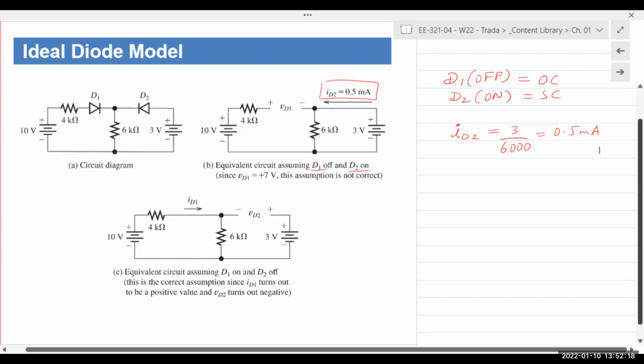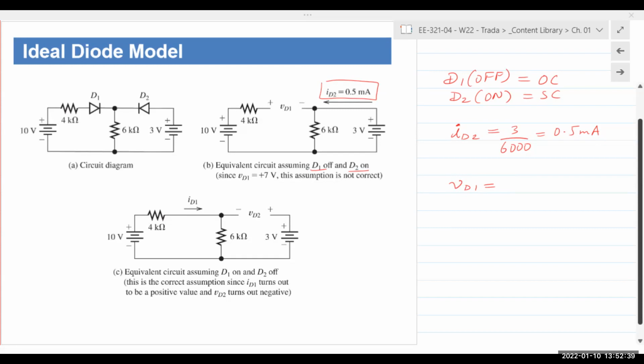Okay, let's see. Then let's calculate VD1. If I calculate VD1, what do I get? Well, I got 10 here, and I have 3 volts here.